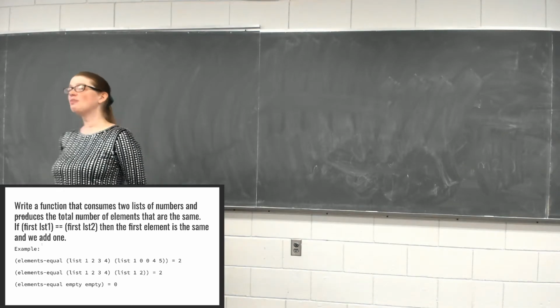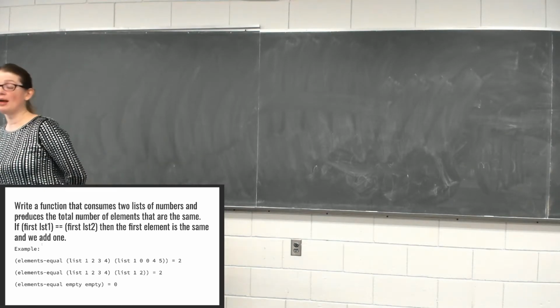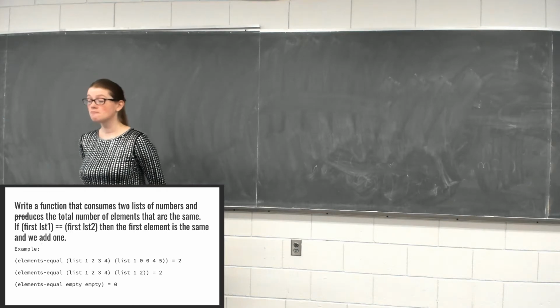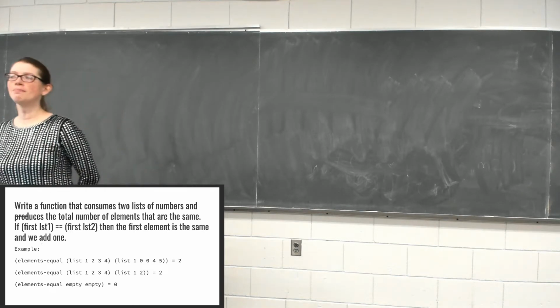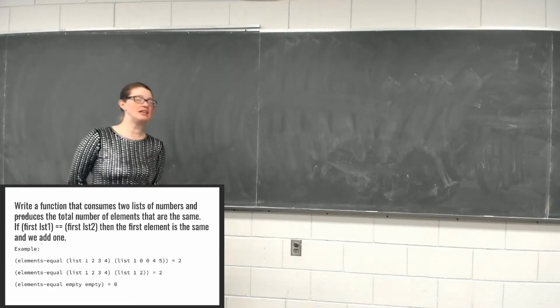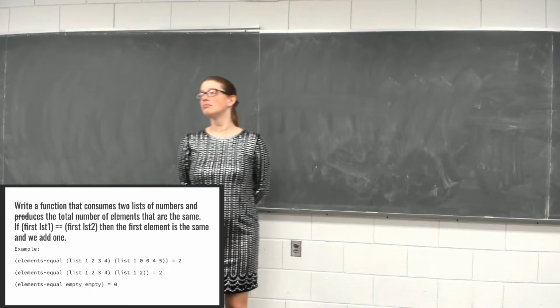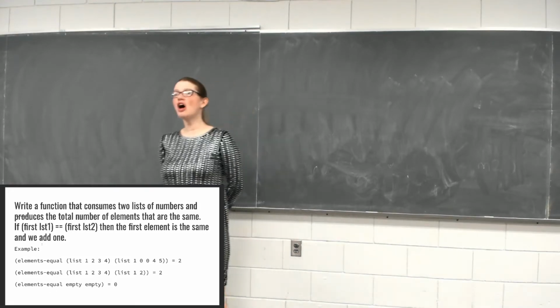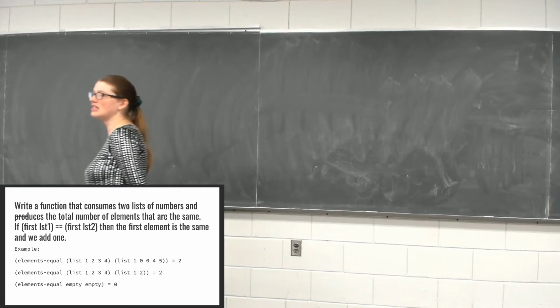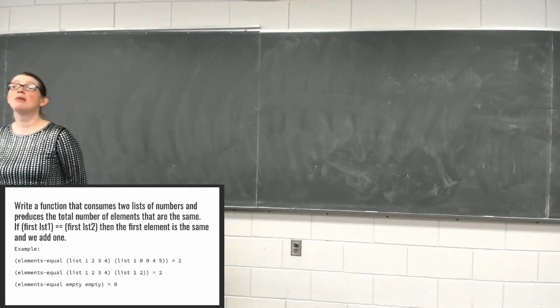If both lists are empty, they're equal, and since they have no elements, we should produce 0. Empty is not an element. Empty means a list with nothing in it.